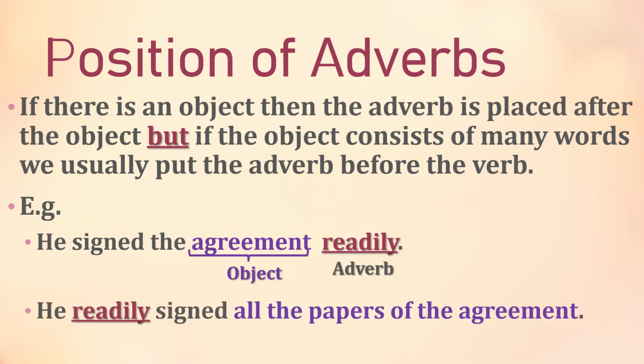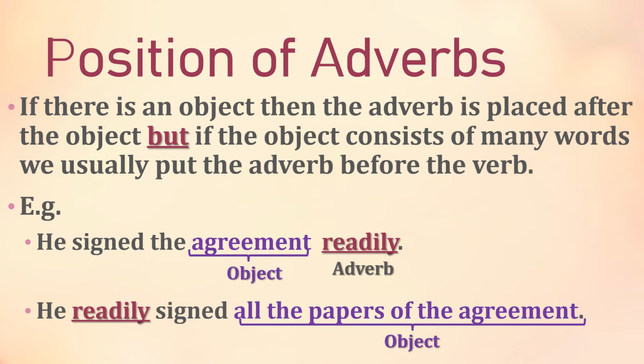Let us take the second example. He readily signed all the papers of the agreement. Again, he is the subject, signed is the verb. That is simple enough to find out. But if you observe carefully, over here our object consists of many words. All the papers of the agreement. So all these words are a part of the object.